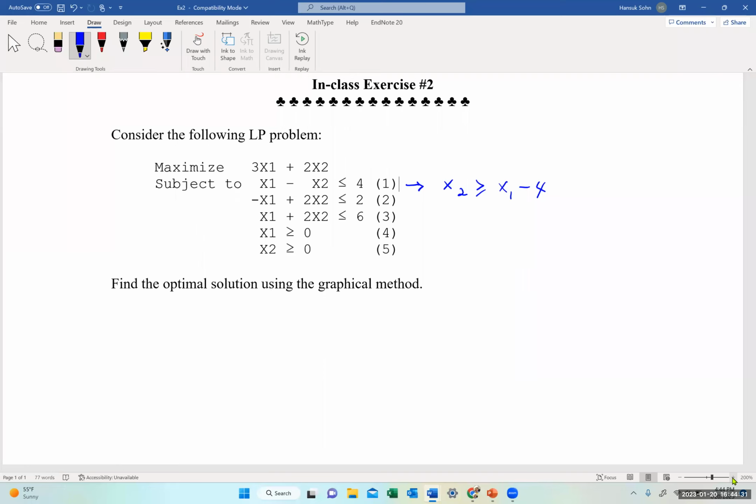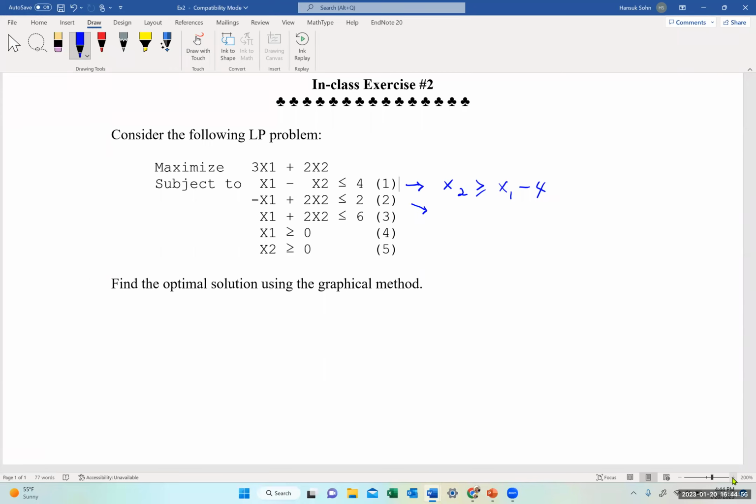And for the second constraint, what I'm going to do is move negative x1 to the right-hand side and then divide both sides by 2.